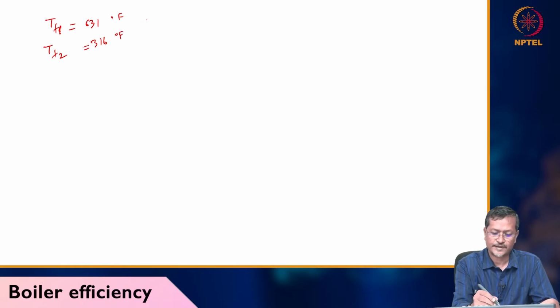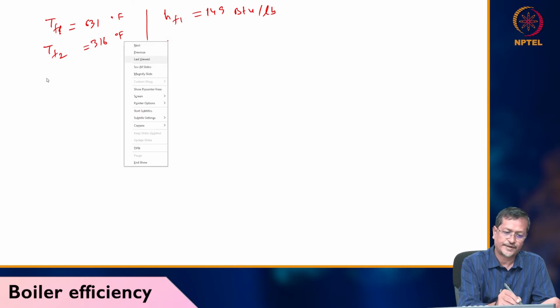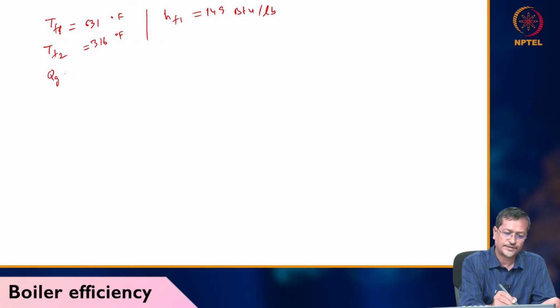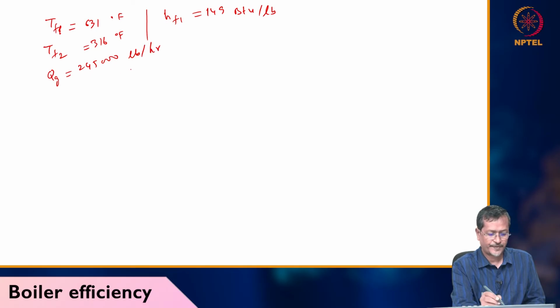So gas sensible heat entering, so H flue gas enthalpy 149 BTU per LB, and QG gas flow rate is given, 245,000 LB per hour.